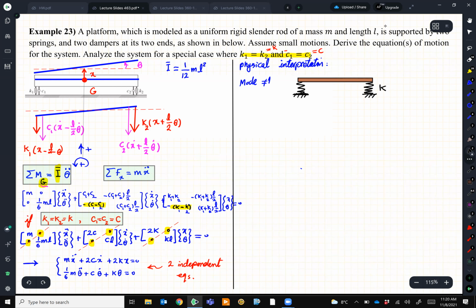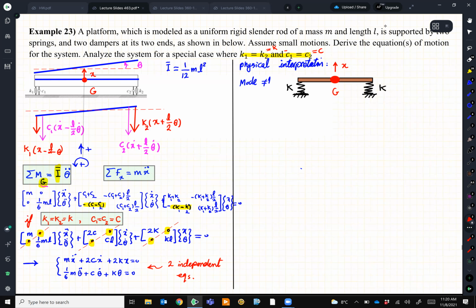So this is K, this is K. My center of gravity is in the middle. And these things only move up and down. I have only one variable.